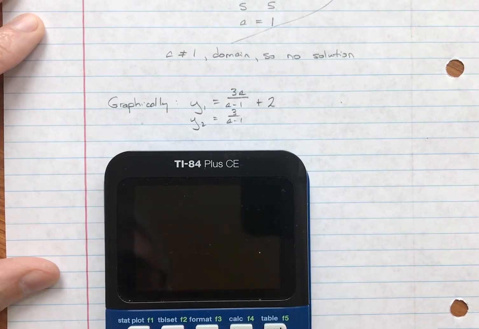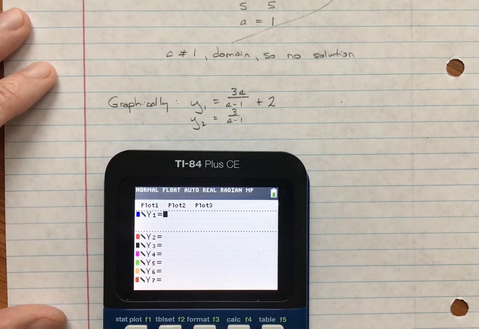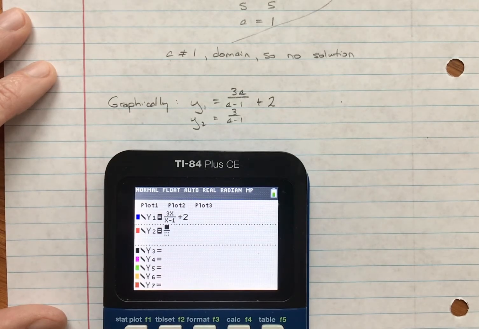I'm betting that's what's going to happen here. I'll clear this one out. So the left side, y1, is 3x over x minus 1 plus 2. y2, again, is a fraction, 3 over x minus 1.